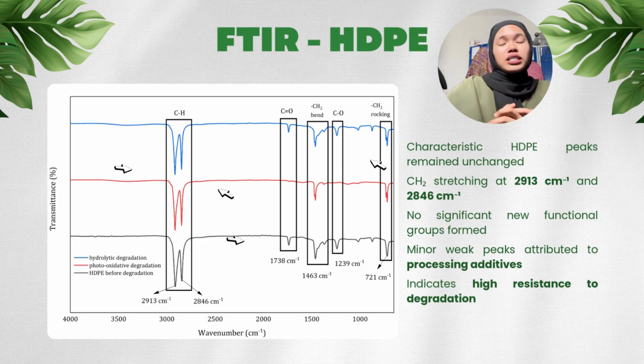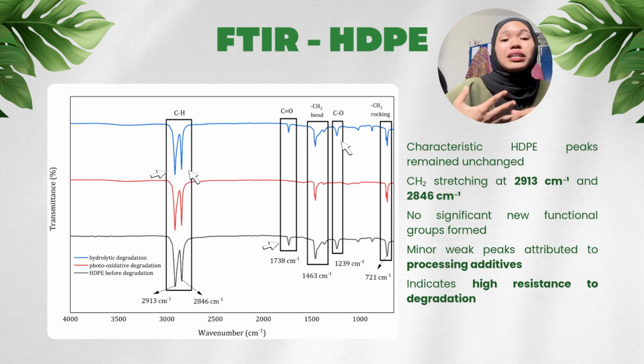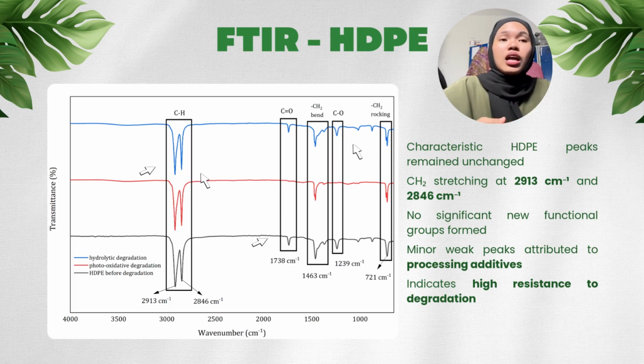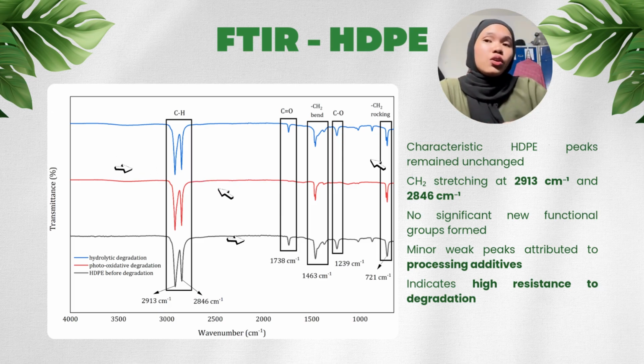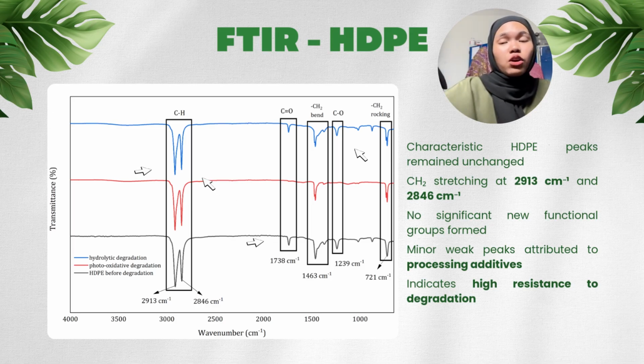After hydrolytic and photooxidative degradations, these characteristic peaks remain almost unchanged, indicating that the polymer backbone of HDPE remains chemically stable. Weak bands observed around 1738 and 1239 are attributed to trace carbonyl or C-O groups from processing additives or minor pre-existing oxidation rather than true degradation.